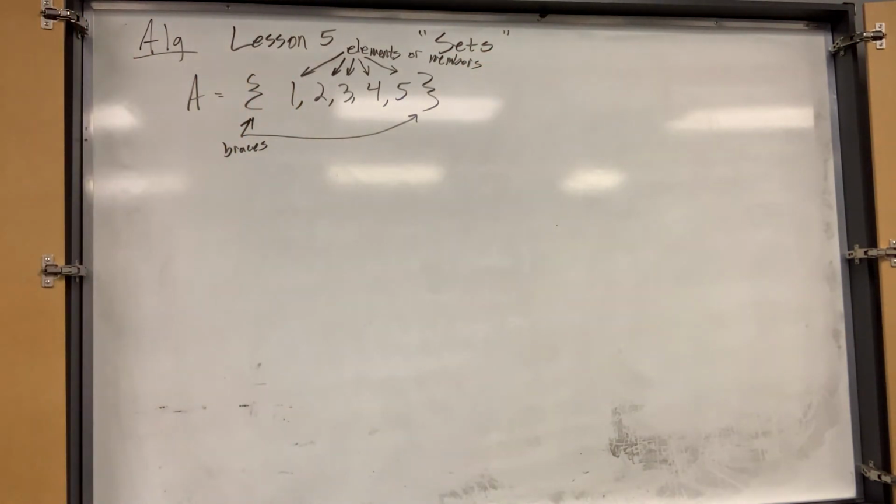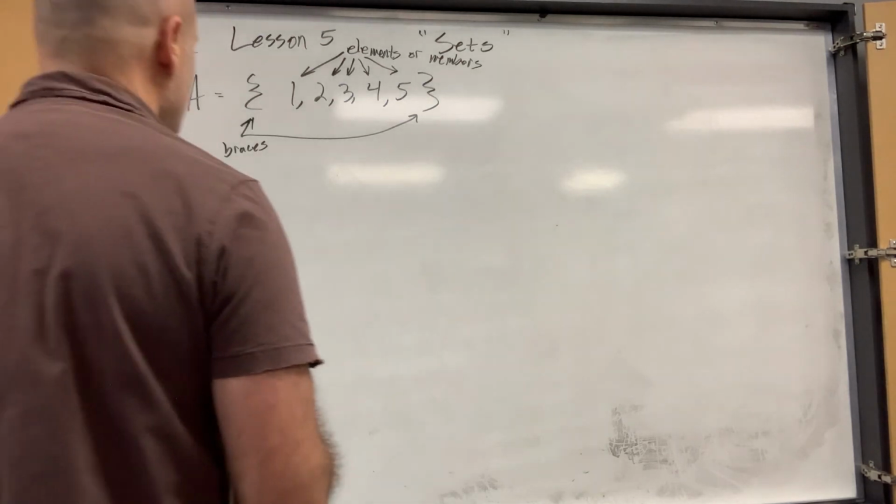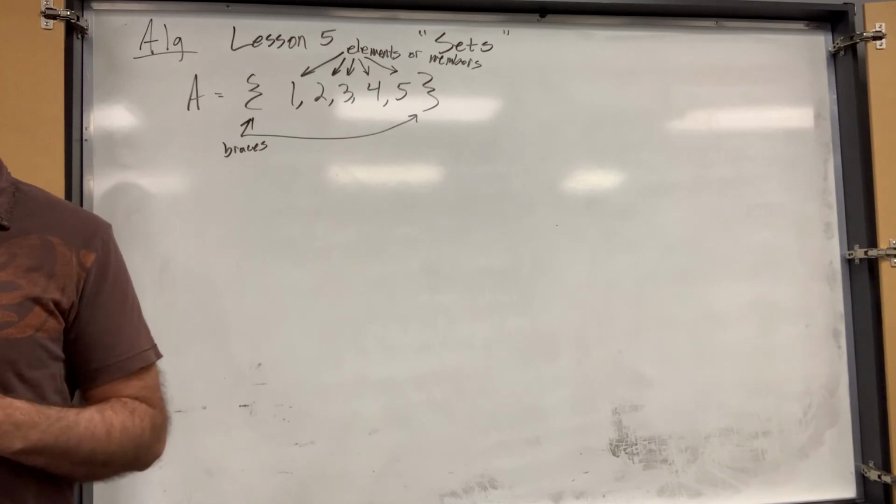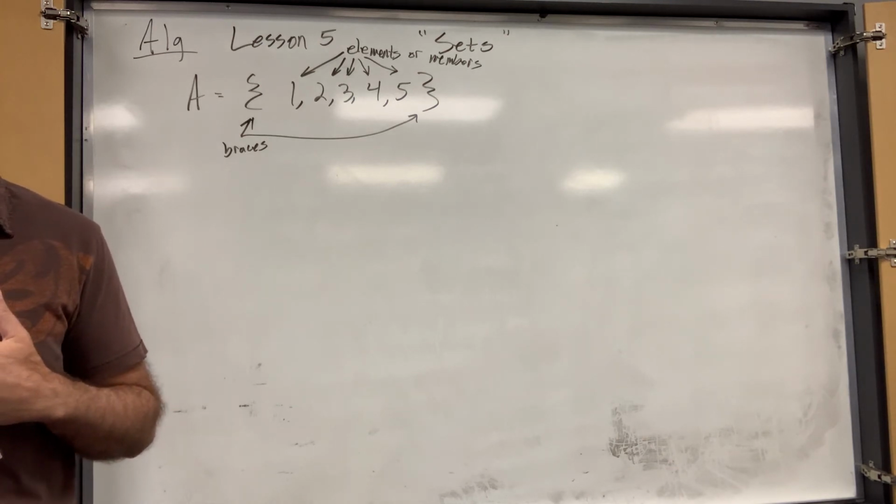So A is the set name. 1, 2, 3, 4, and 5 are the 5 members or 5 elements of this set, okay?